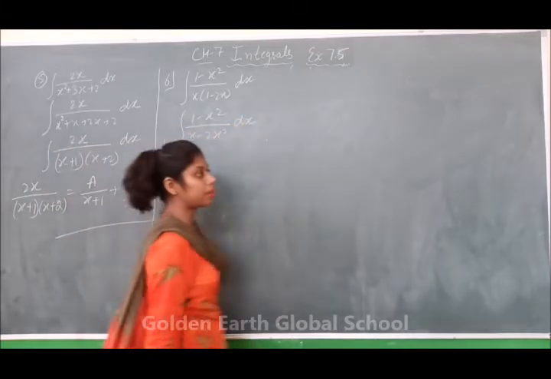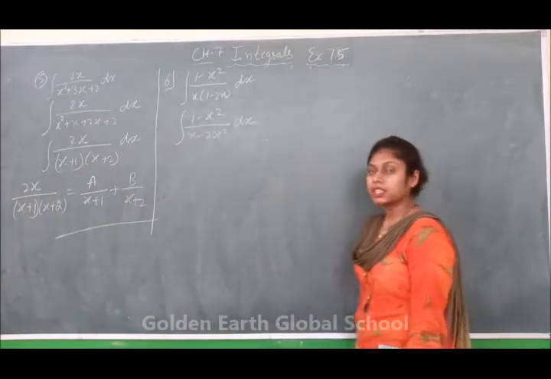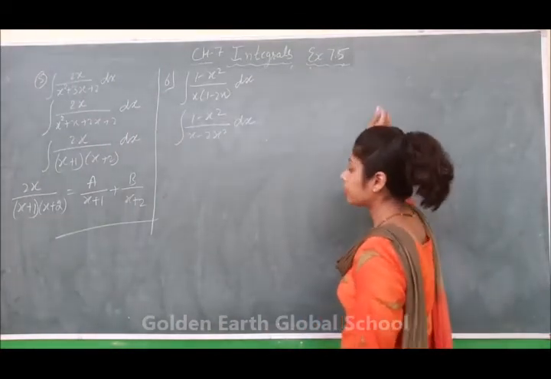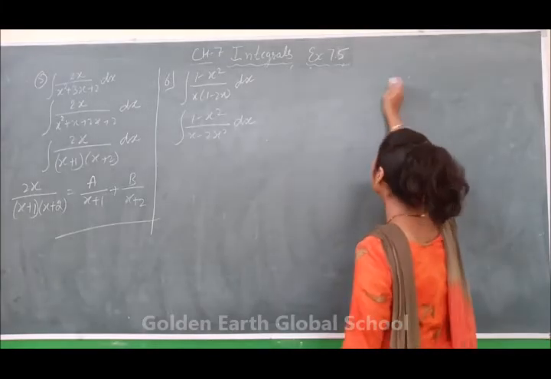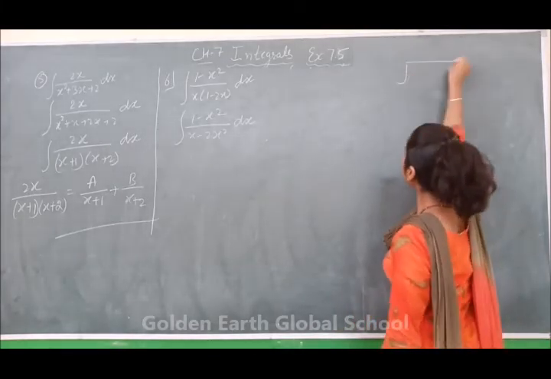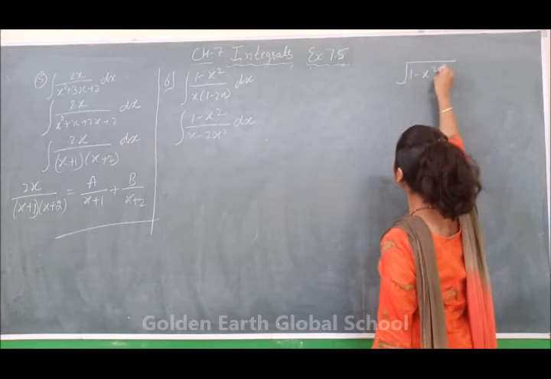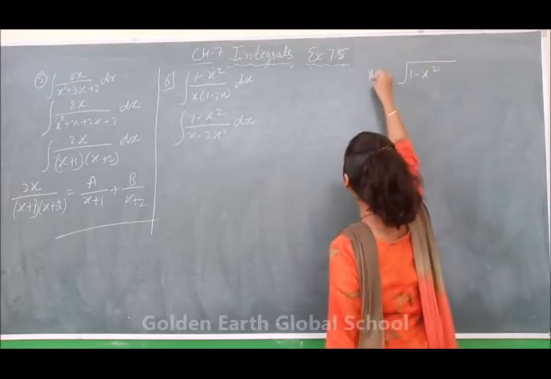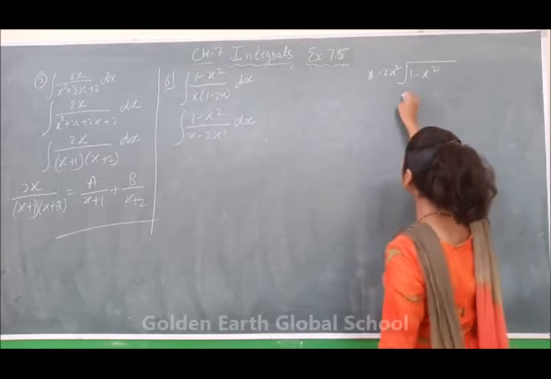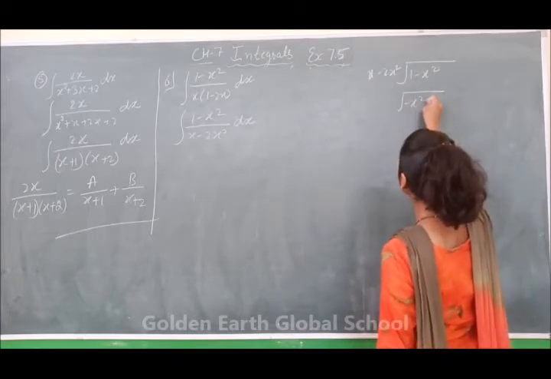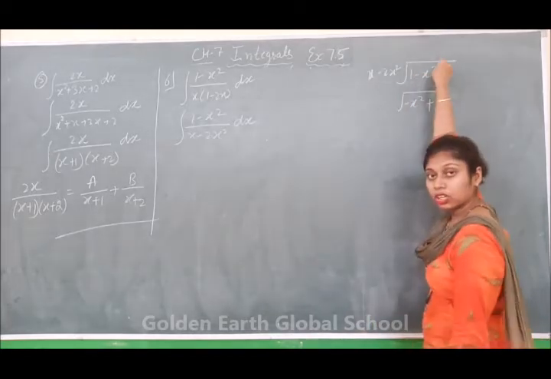So we can't apply partial fraction directly. In this question, first of all, we have to divide numerator by denominator. So first of all, write down in the decreasing order of degree.